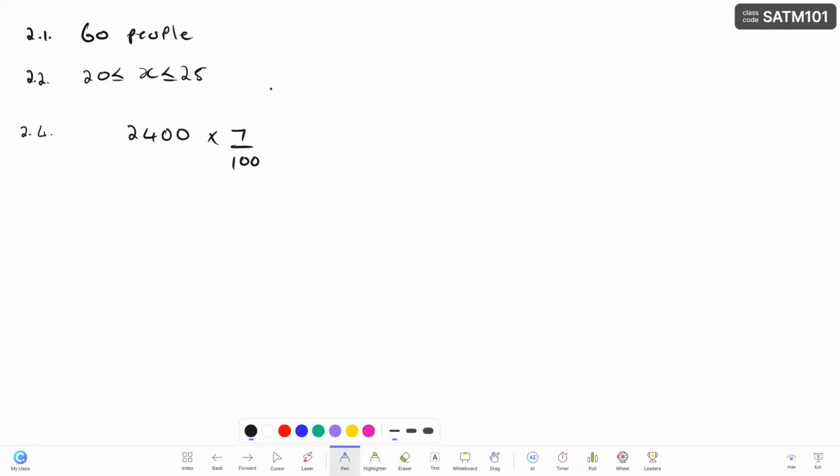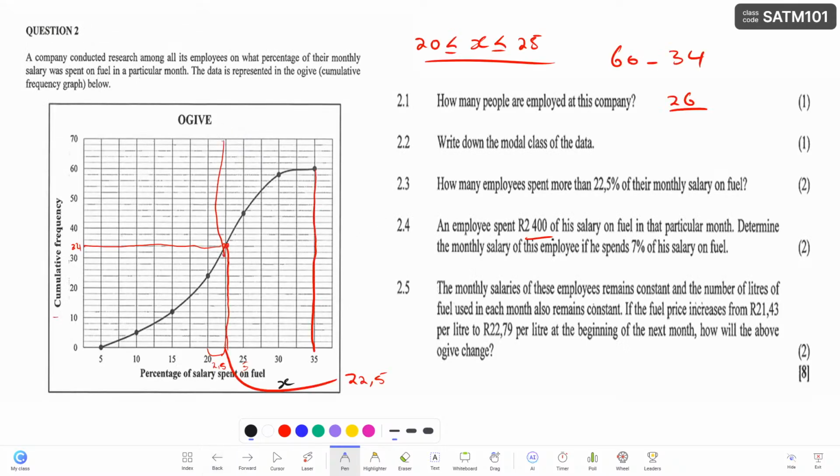So we are going to get, no, it's not like that. We need to interpret this question. They said an employee spent 2,400 of his salary on fuel in a particular month.